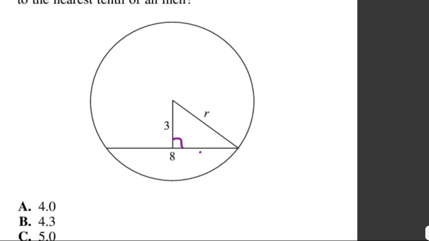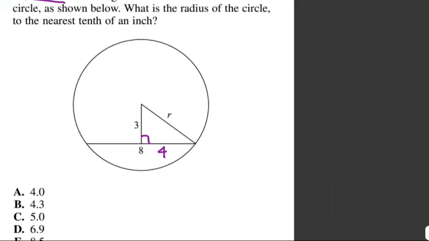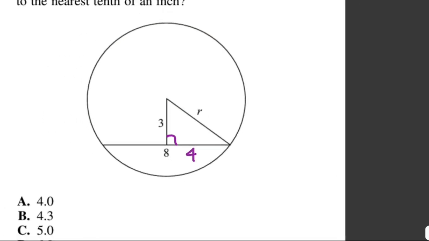So that means one of the legs of the triangle is equal to 4 inches, and the other leg is this one, which is 3 inches long, and the hypotenuse is this one, which is equivalent to the radius of the circle. Take note that this is a right triangle because the distance between a point and a line is measured perpendicular to the line.